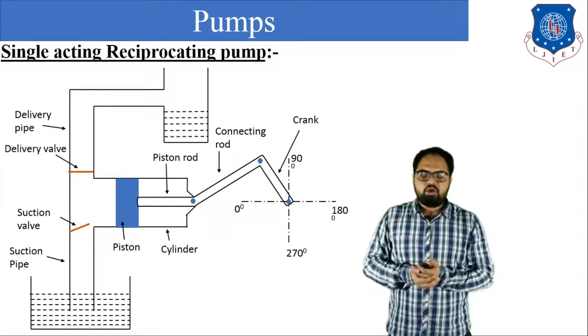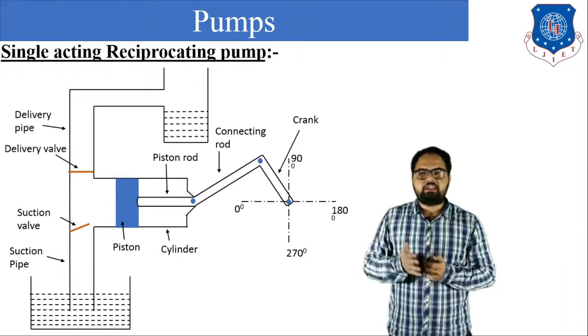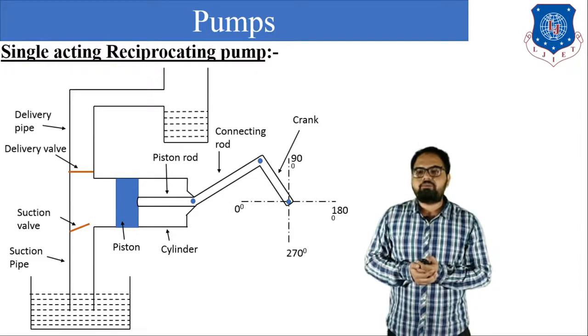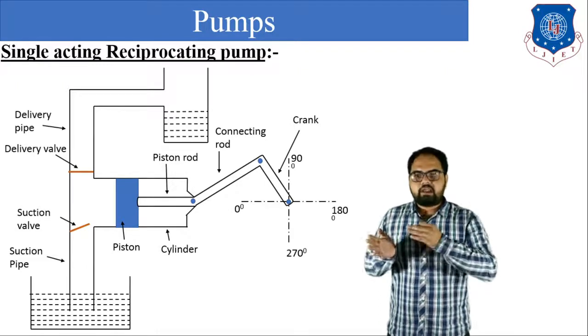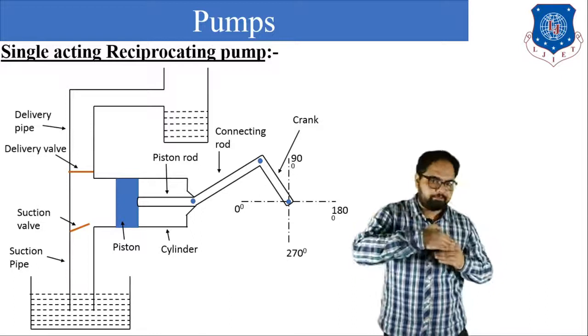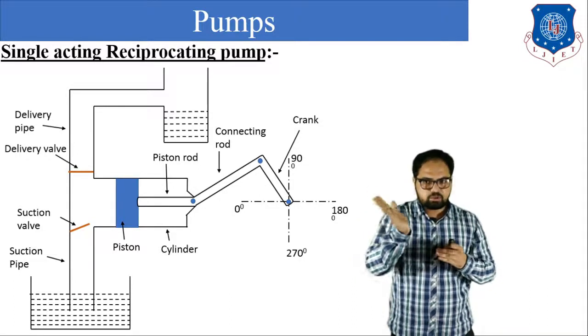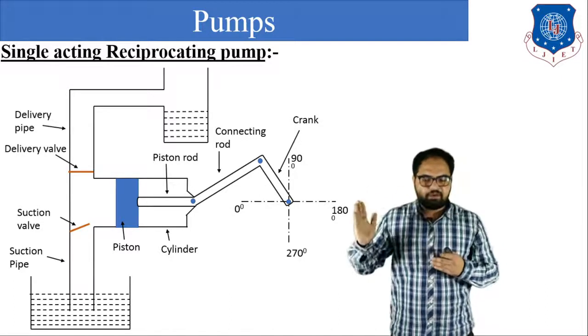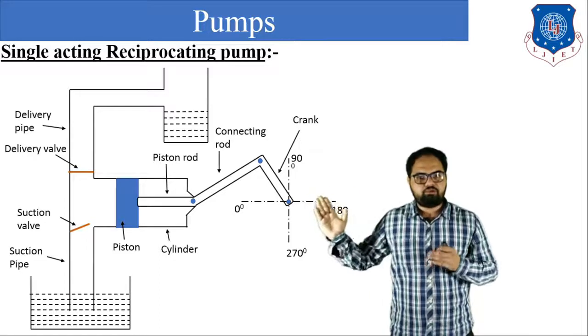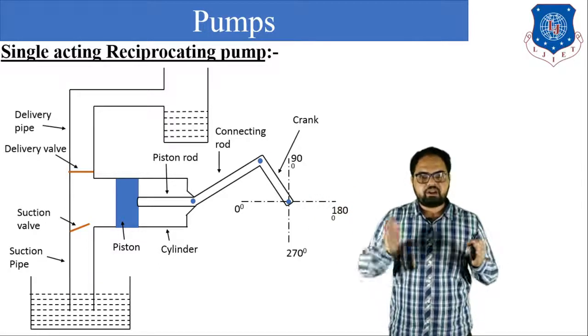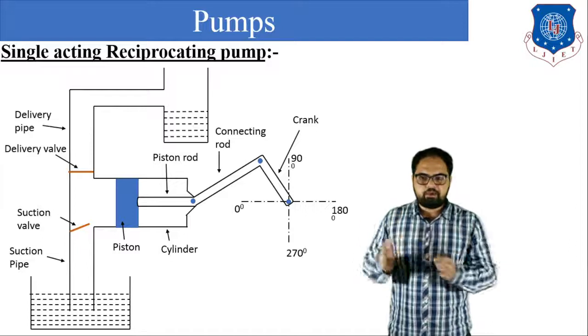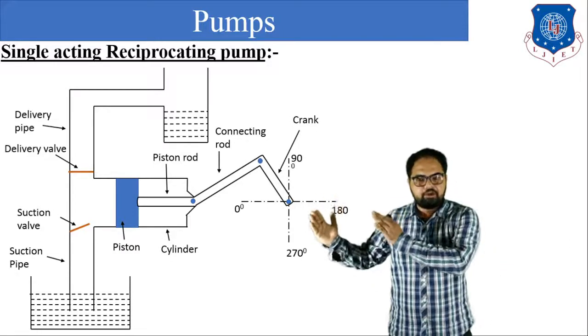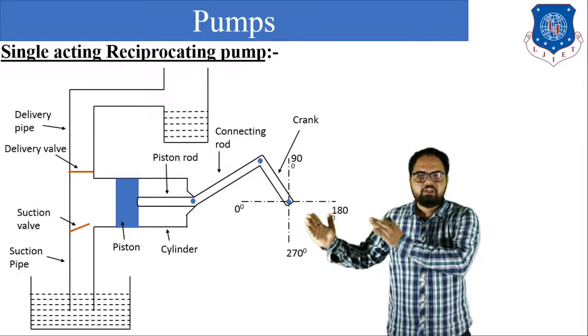There are two strokes, one is the forward stroke and the second is the reverse stroke. During the forward stroke, the crank travels from 0 to 180, and the piston will travel from left to right. As the piston travels from left to right, negative pressure is generated on the left side of the piston inside the cylinder.